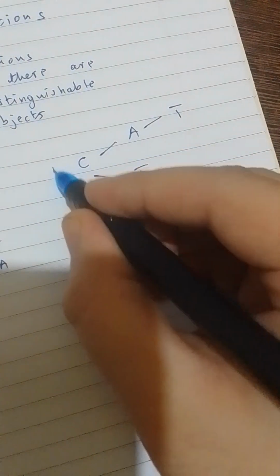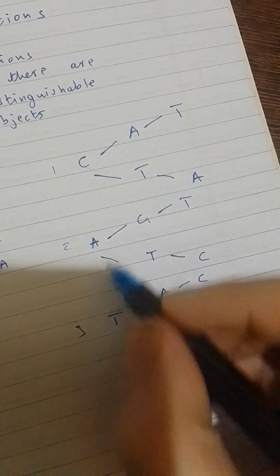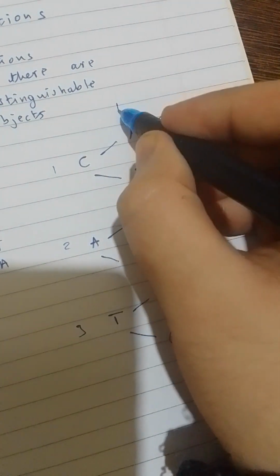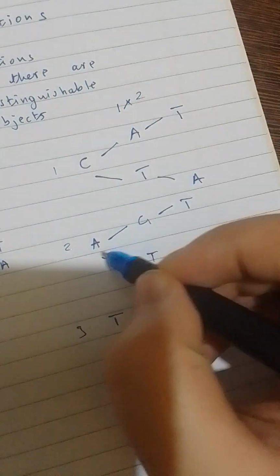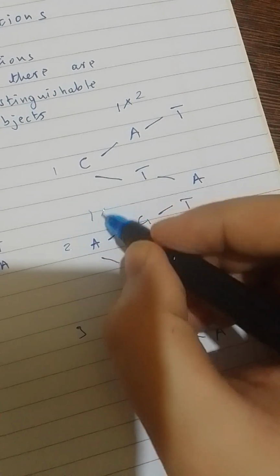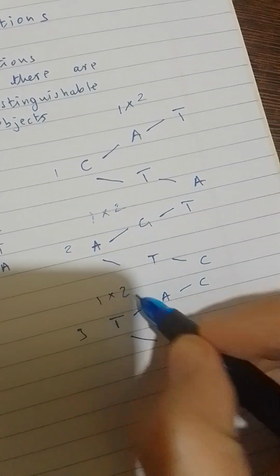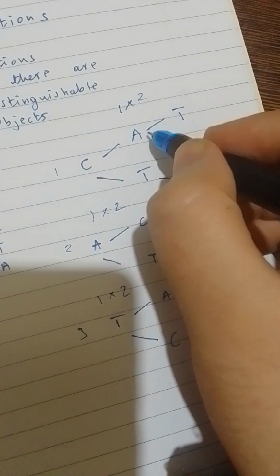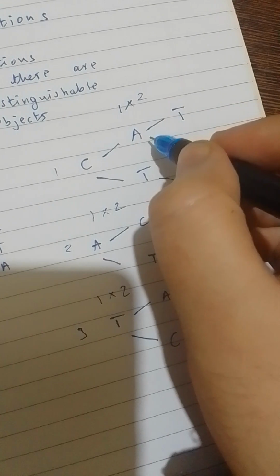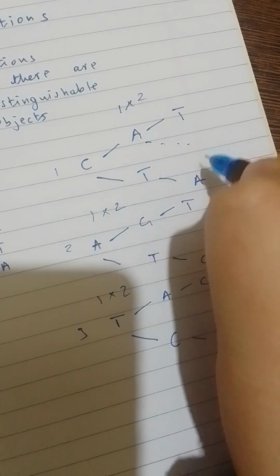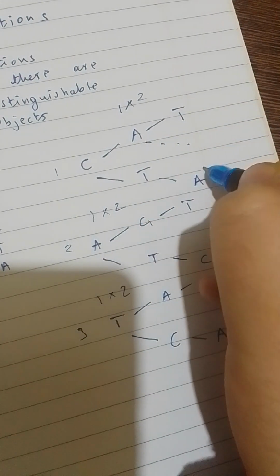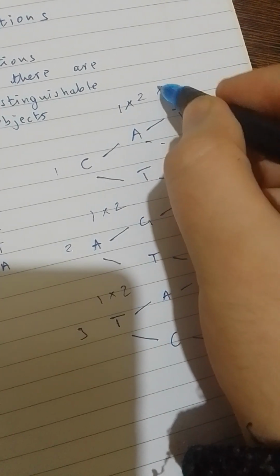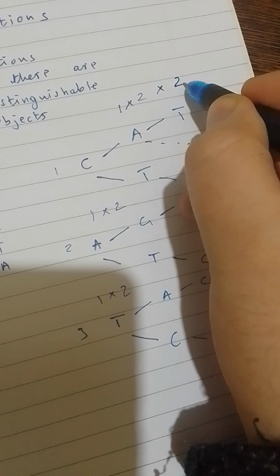So look, this is like 1, 2, 3, and for this one we have two options, 1 into 2, and for this one again 1 into 2, and this one again 1 into 2, and for each of these 2's we have 1. If there had been more options, we would have had another multiple in our multiplication.